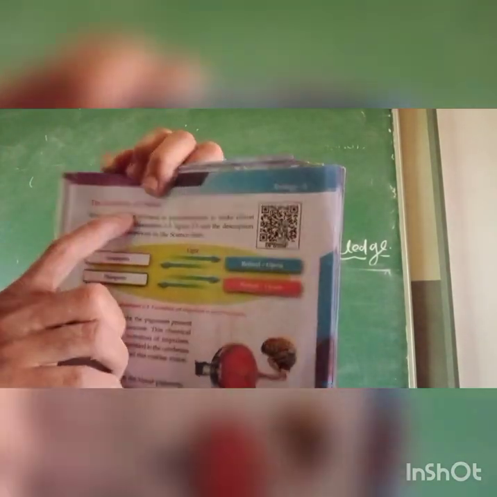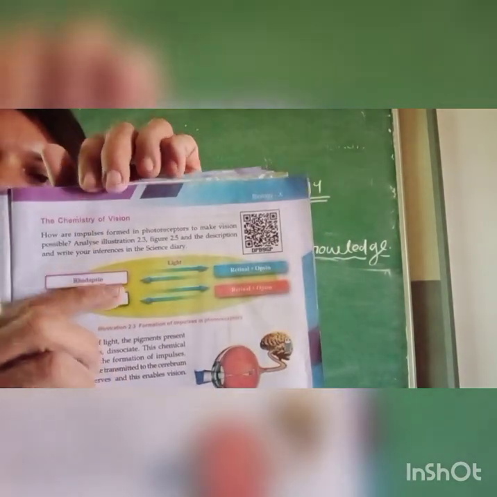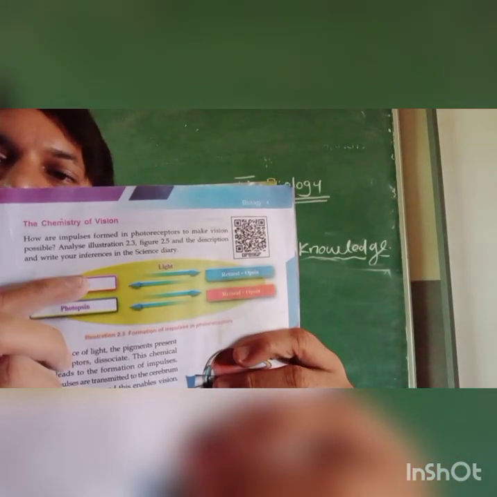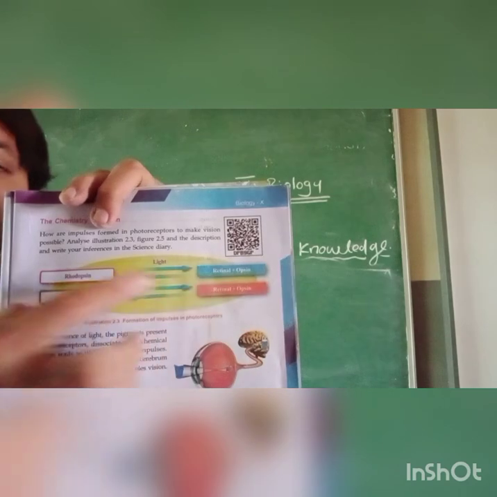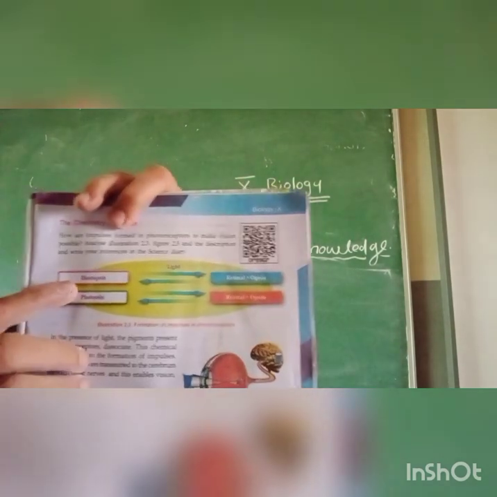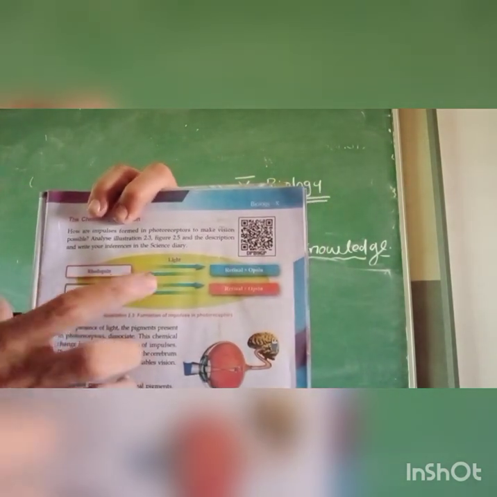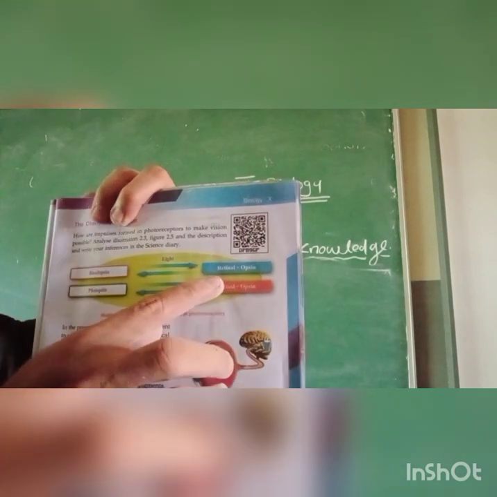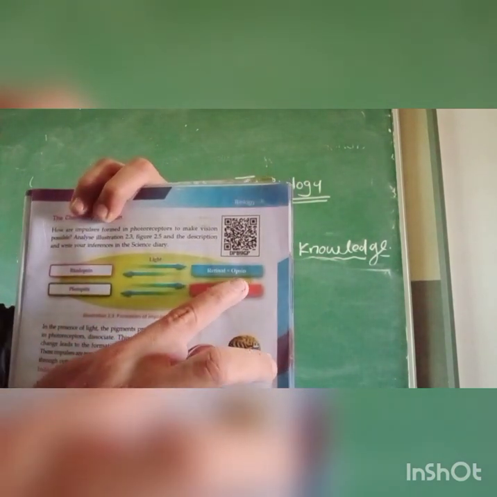Look here, chemistry in vision. What is the function of chemistry in vision? Chemistry means reactants and product with an arrow mark. This is rhodopsin. When light falls on rhodopsin, it splits into retinal and opsin.